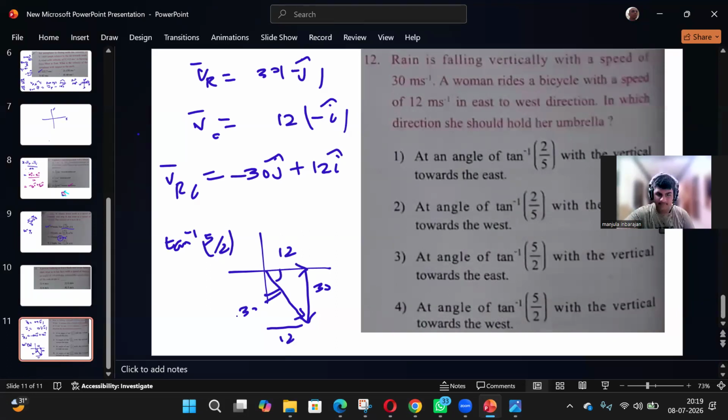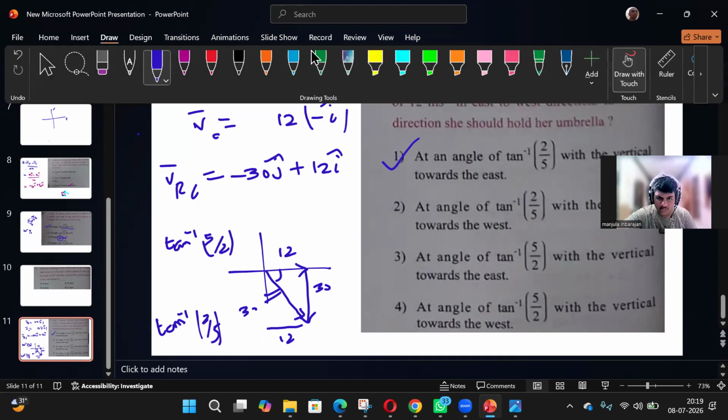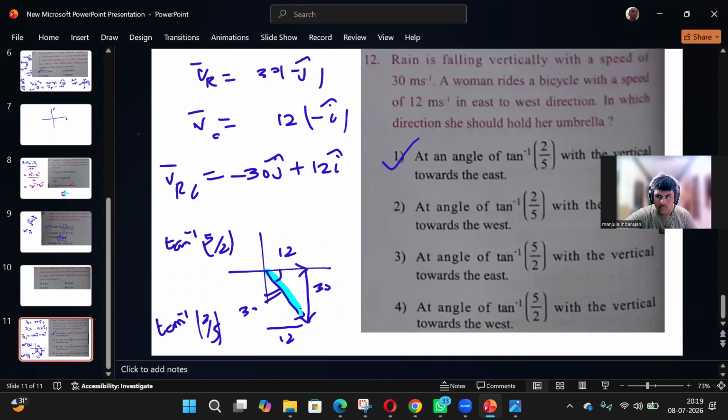So it will be tan inverse 2 by 5 with the vertical towards east. Towards the west, sir? See, this is the direction, no? Yeah, it is. This is the direction. So from the vertical, that is downwards, I would go towards east.